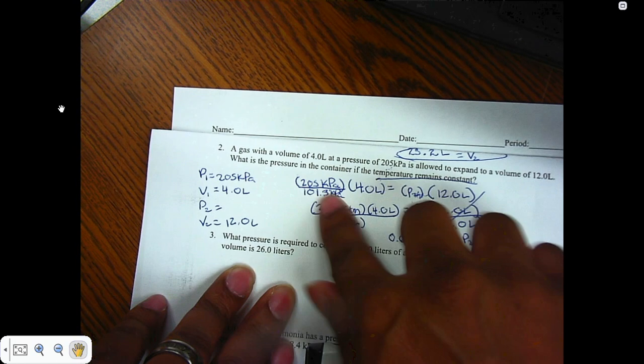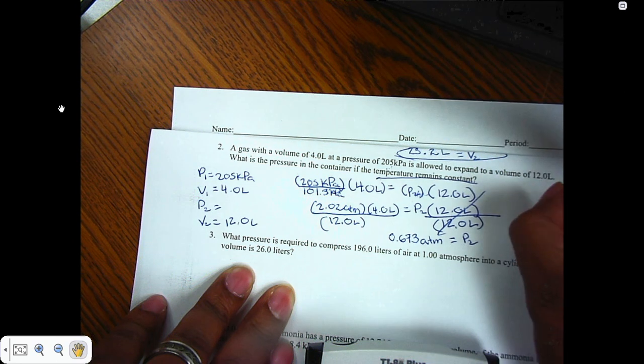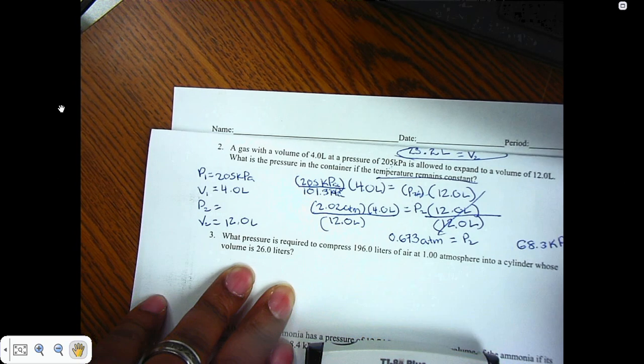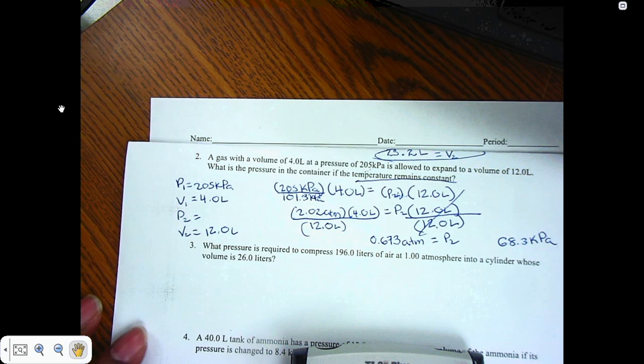Now, if we wanted to solve this using kPa, we would also be able to obtain the answer. We wouldn't necessarily have to divide by this value. Simply put, 205 times 4 divided by the 12. It's going to give us a value of 68.3 kPa. And that is very similar.